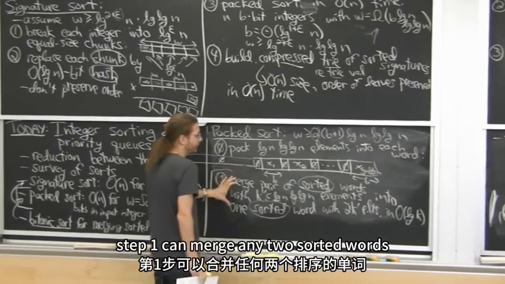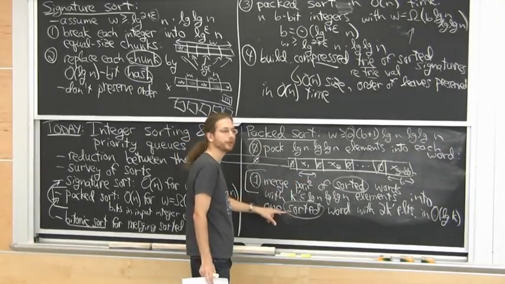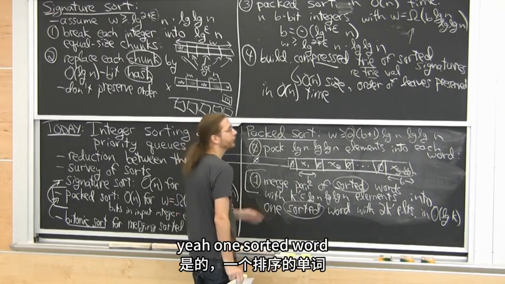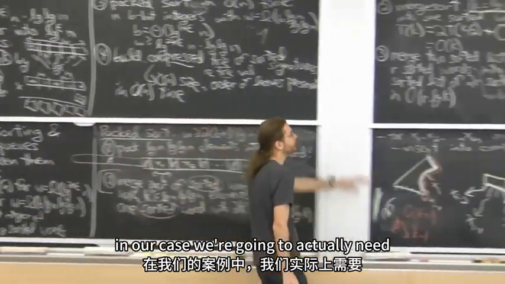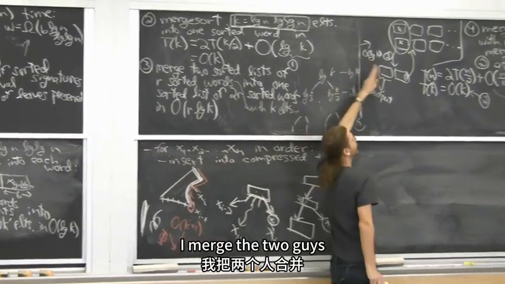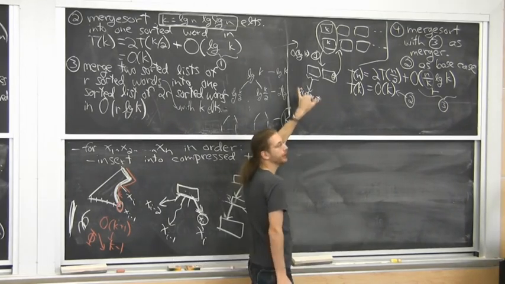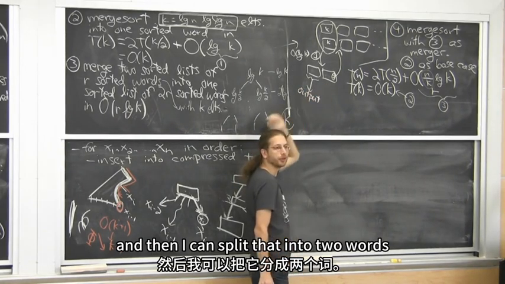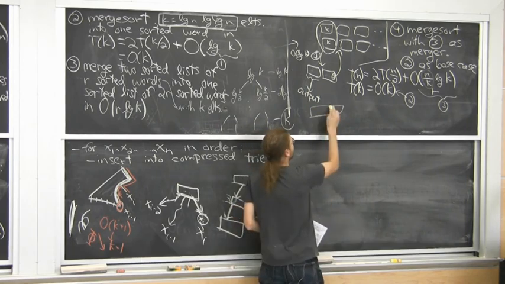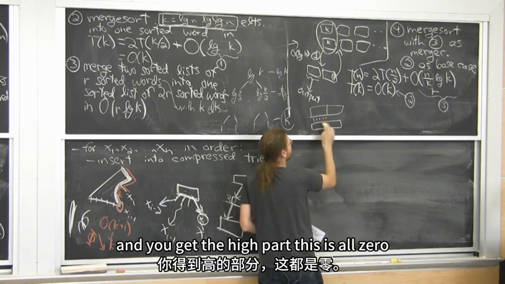For example, step 1 can merge any 2 sorted words and make one sorted word. In our case, we're going to get 2 sorted words. That was the picture over here. I merged the 2 guys. I could represent it as one word that's kind of double full, and then I can split that into 2 words. So we, again, need the split operation, but split is just you mask these guys out, and you get the high part.